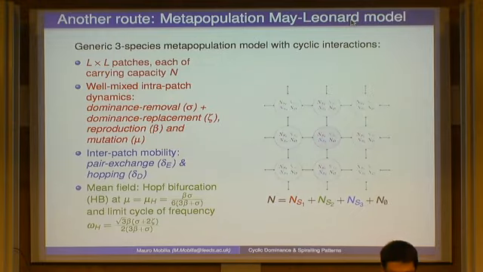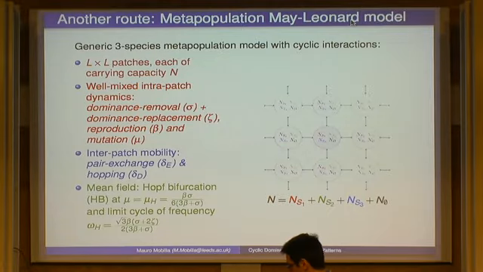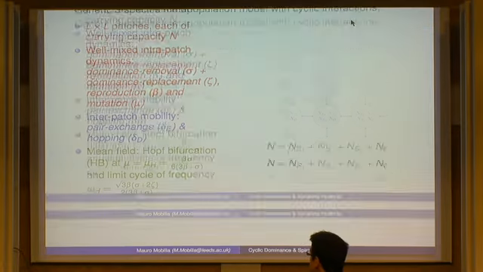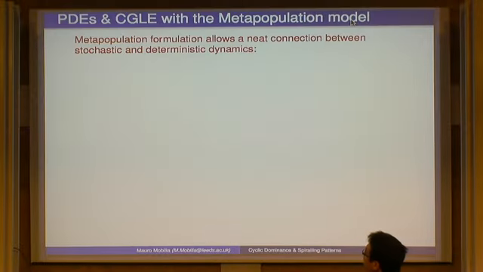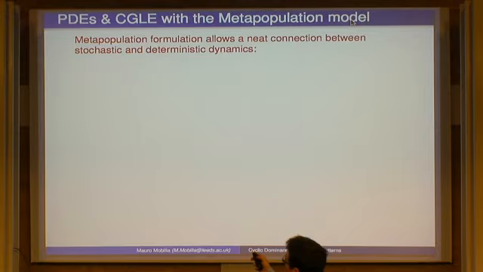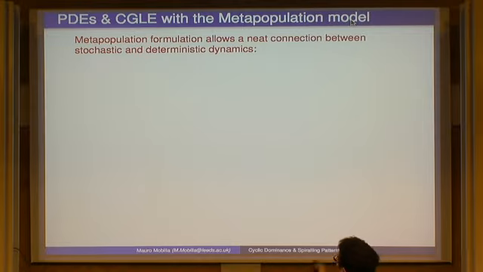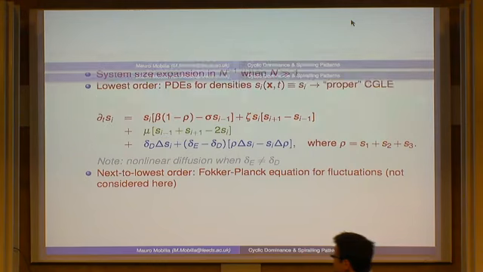I would just be left with this heteroclinic cycle, which is nice, but won't allow me to do what I'm going to discuss now. So this metapopulation formulation is nice because it allows a neat connection between stochastic and deterministic dynamics.